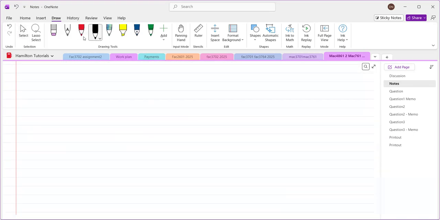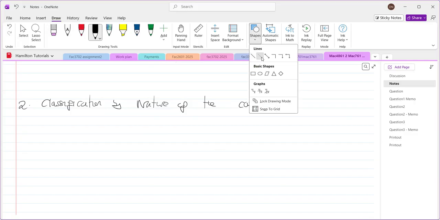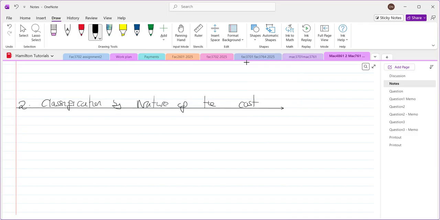Number two, we go to the second classification: classification by nature of the cost. When we talk about classification by nature of the costs, the question that we'll be asking is where is the cost incurred?